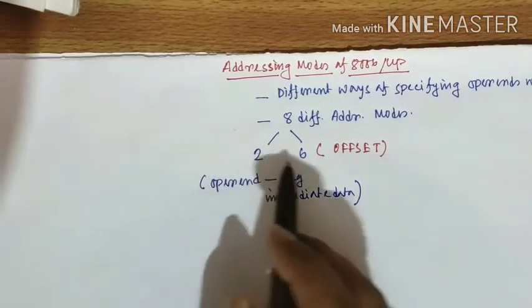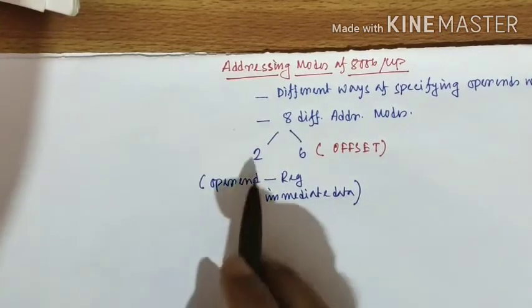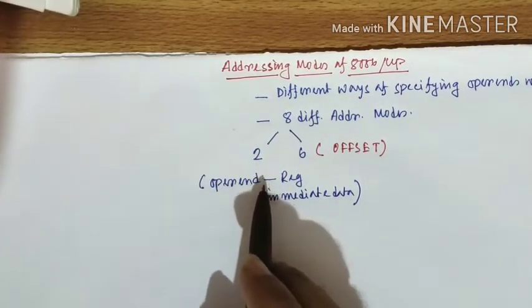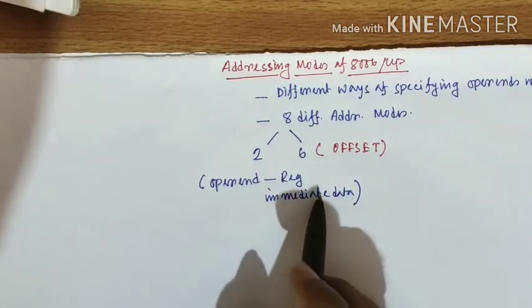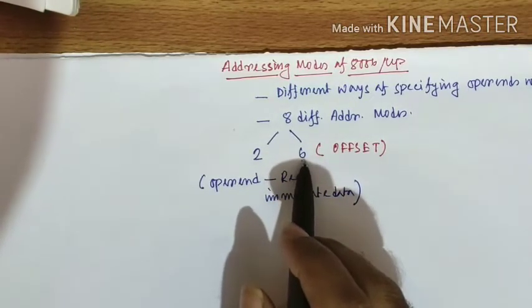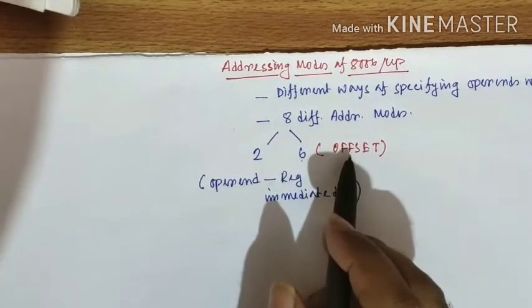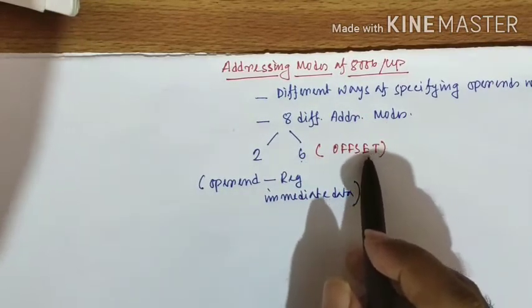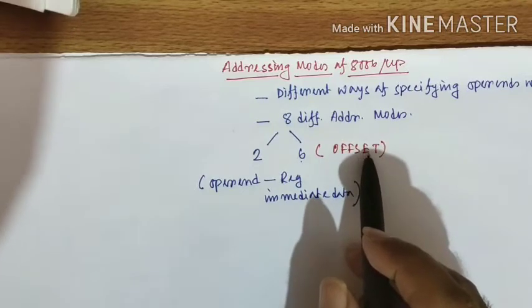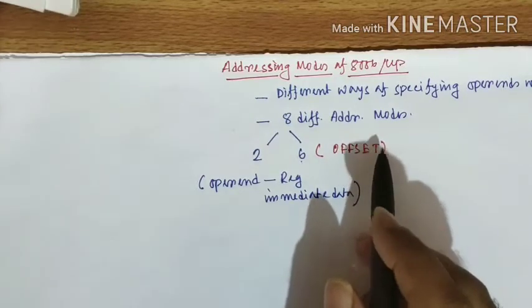One contains 2, another one contains 6. These 2 represent those addressing modes where the operand itself is a register or an immediate data, and the remaining 6 are reserved to specify offset. So that implies that in the instruction set of 8086 we can specify offset in 6 different ways.